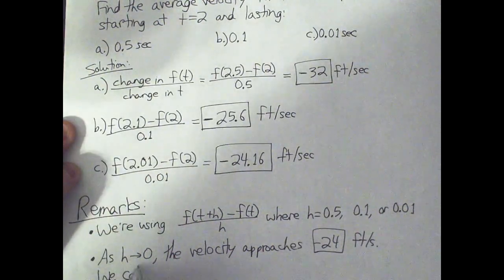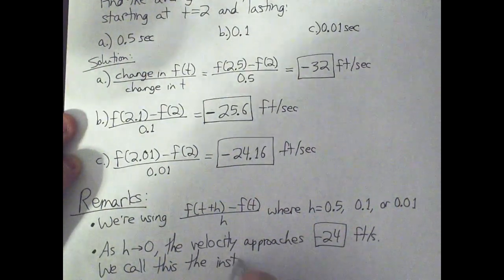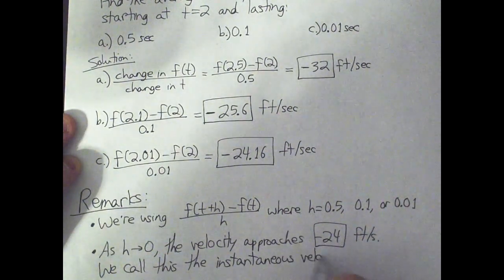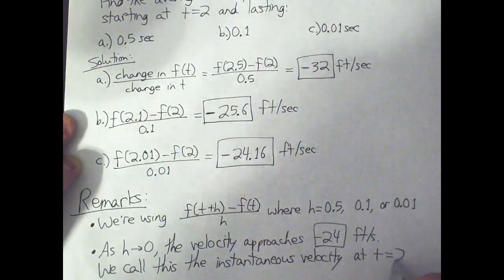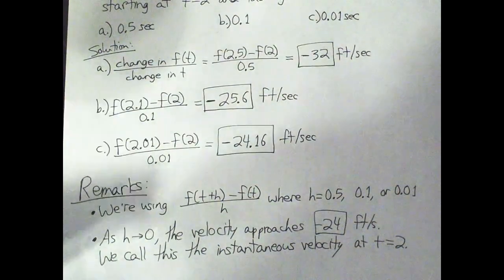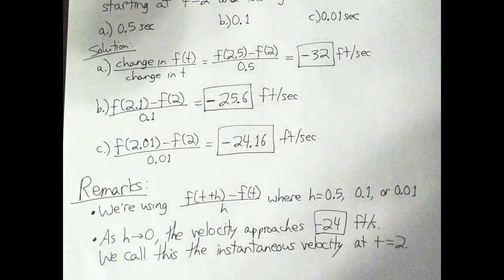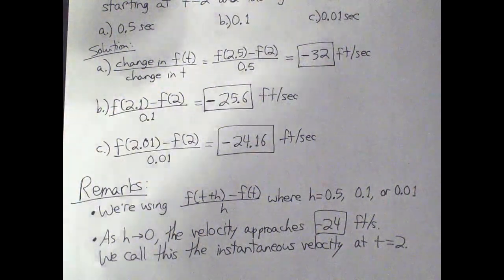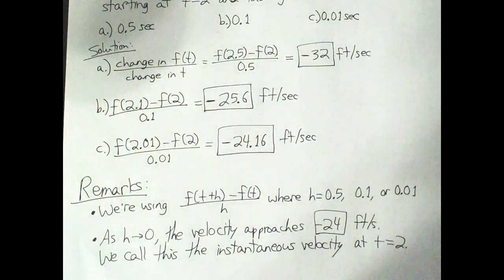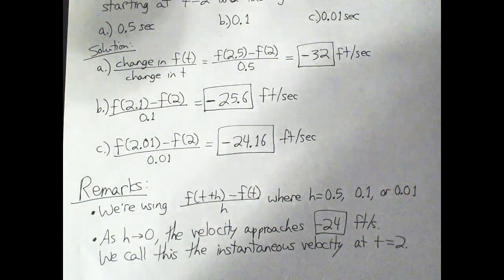We call this the instantaneous velocity at t equals 2. And now we understand that this is really the derivative, right? Because we would take that expression, f of t plus h minus f of t over h, and you let h go to 0, that looks awfully a lot like the formula for f prime of t.